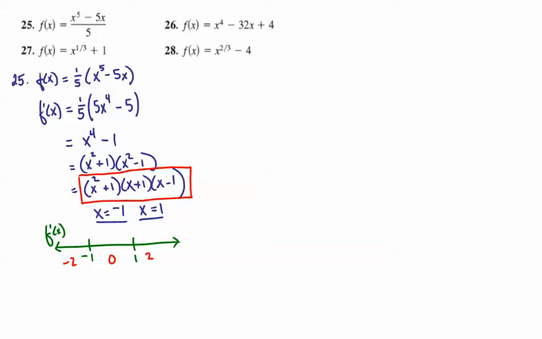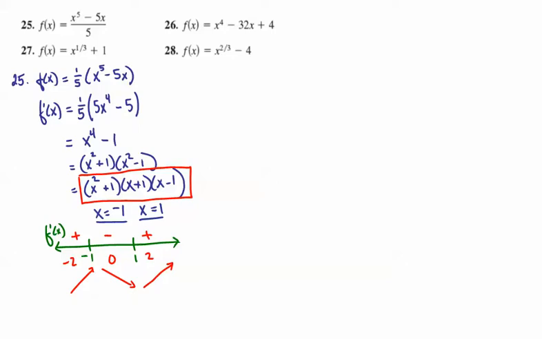So plugging in -2, I get negative and negative, which is positive. Plugging in 0, I get positive and negative, which is negative. Plugging in 2, I get positive, positive, which is positive. And so again, I have something that has this shape to it. And even though it's a fifth degree function, there are only 2 relative extrema.